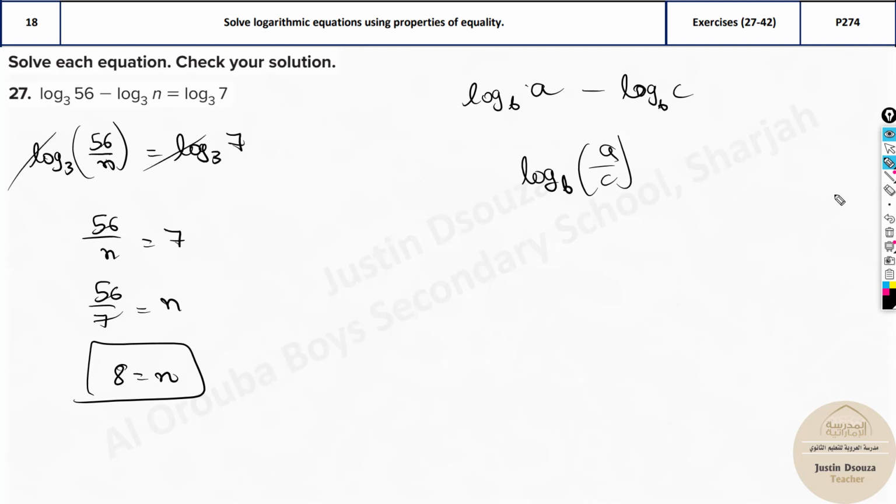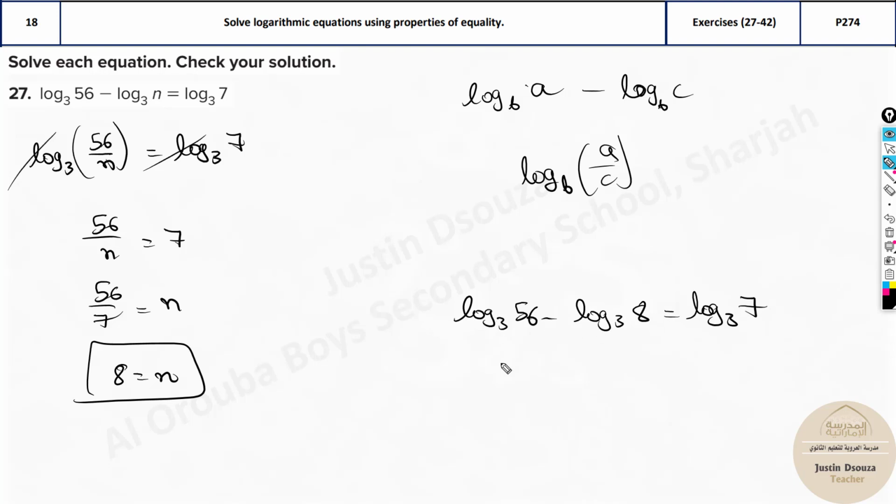Let's check our solution. What it means is put this 8 back here and solve. Now we have log base 3 of 56 minus log base 3 of 8 equals log base 3 of 7. If any of the steps makes any of the terms undefined, then it's an error.